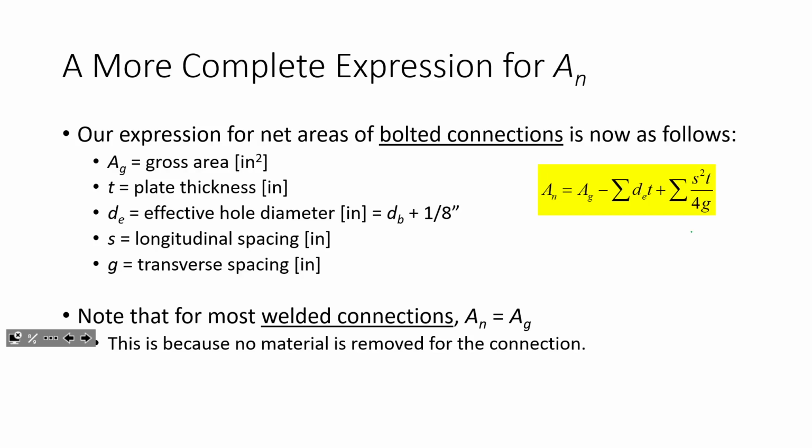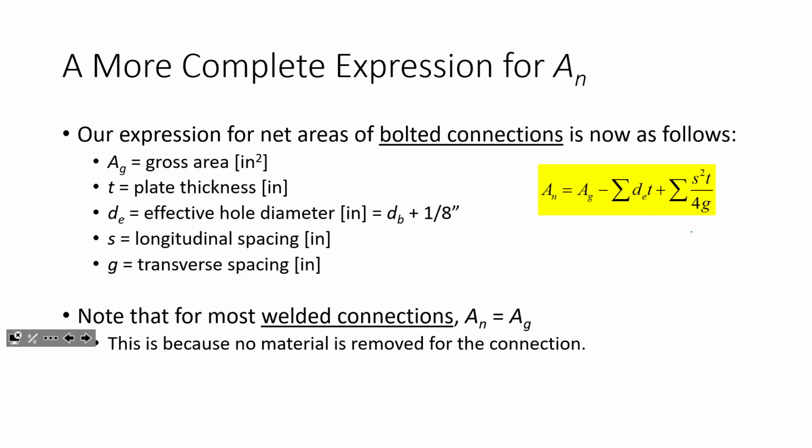Now, one of the things that I have kind of glossed over, but it's really simple to deal with, is that this formula is the net area expression for bolted connections. I kind of just ignored welded connections, didn't I? What is the net area for a welded connection? For most welded connections, you're not removing any material to weld it.